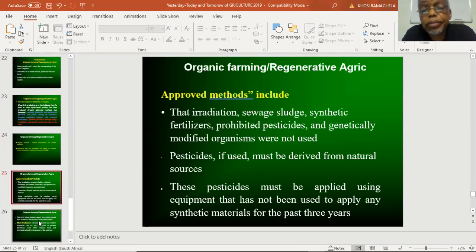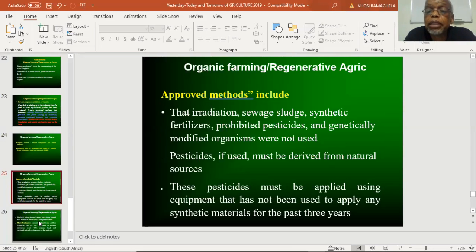All right, so what are the approved methods? They include that irradiation, sewage, and synthetic fertilizers are prohibited and genetically modified organisms are not used. Pesticides, if used, must be derived from natural sources, organic pesticides.